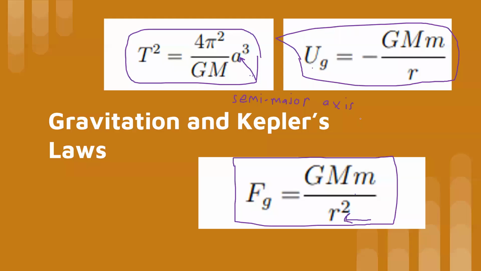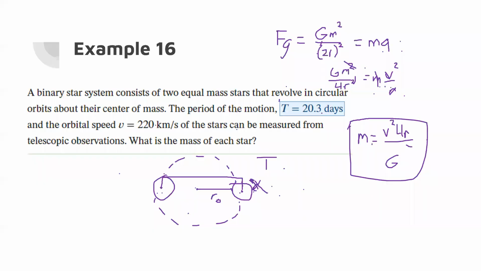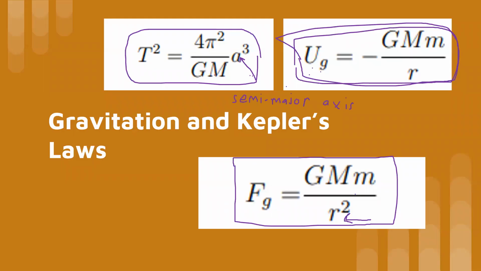And then for this last part, I just wanted to talk very briefly about this potential energy and what it's useful for. Usually we use it to approximate the escape velocity for an object. Basically, we're looking for the minimum velocity for an object to escape the Earth's potential energy.